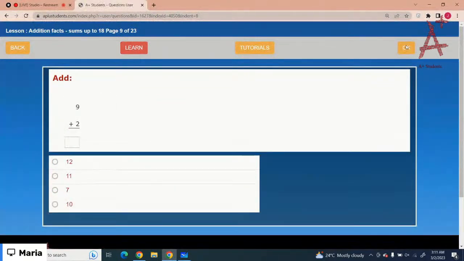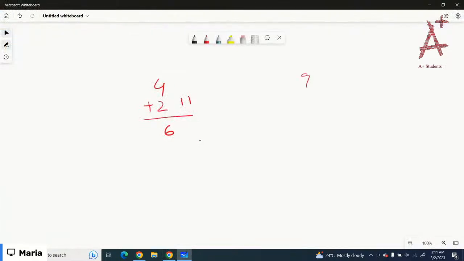Okay, the next one is 9 plus 2. So start with 9 and count up 2: 9, 10, 11. So 9 plus 2 makes 11. Got it?